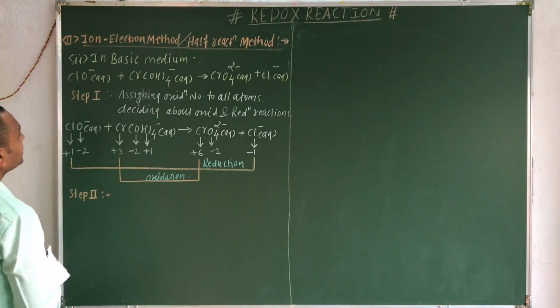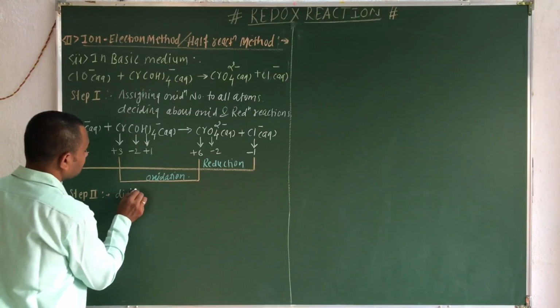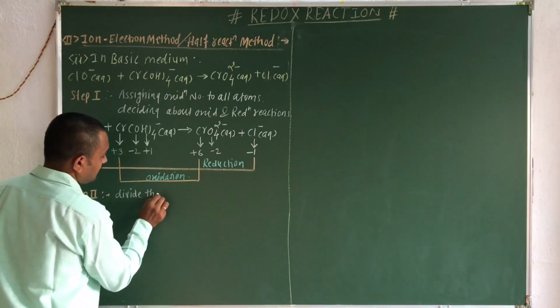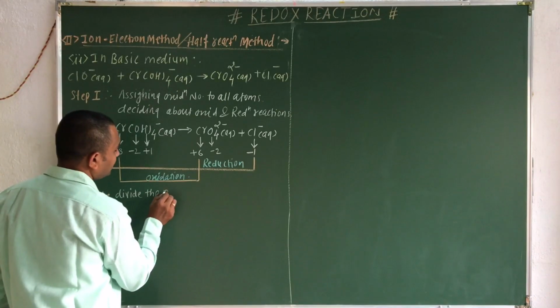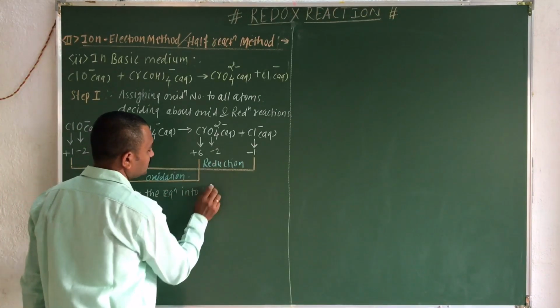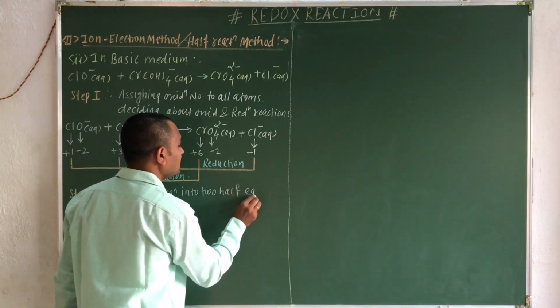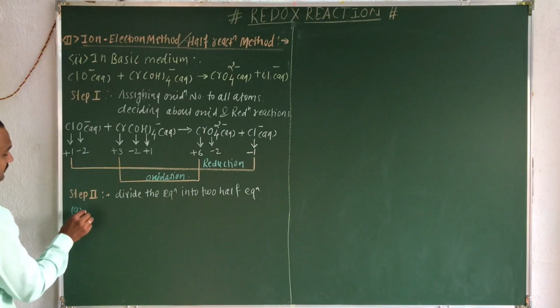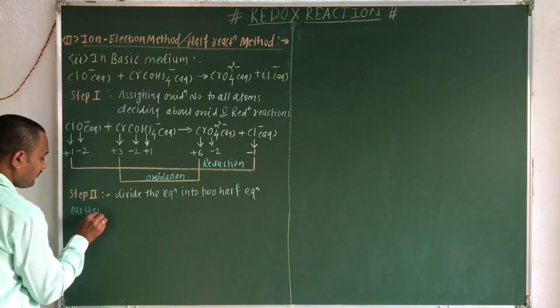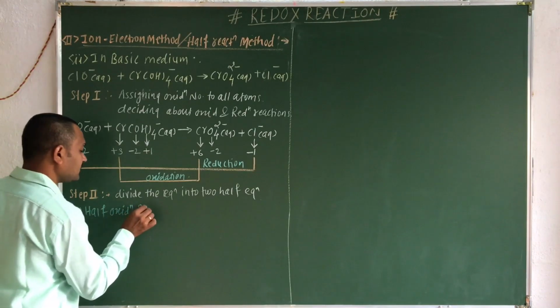Now what about step two? We are going to divide the equation into two half equations. First, A, which is called the half oxidation reaction.